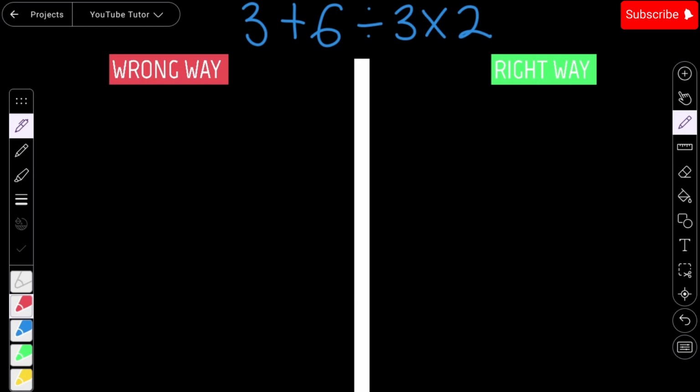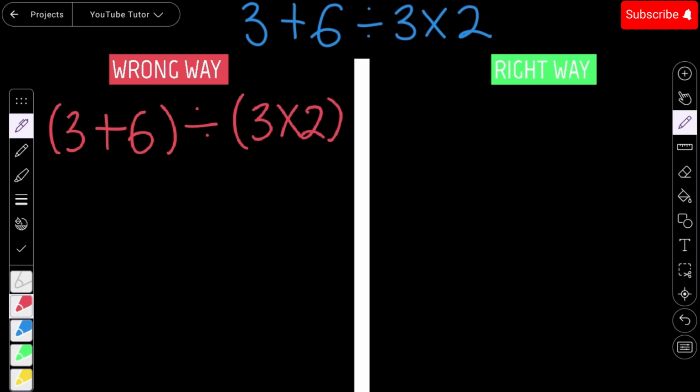So the wrong way goes this way: 3 plus 6, and we put that in parentheses, divided by 3 times 2. By doing that, 3 plus 6 gives us 9, divided by 3 times 2, giving us 6. Now we end up with 9 divided by 6, which is a decimal of 1.5.